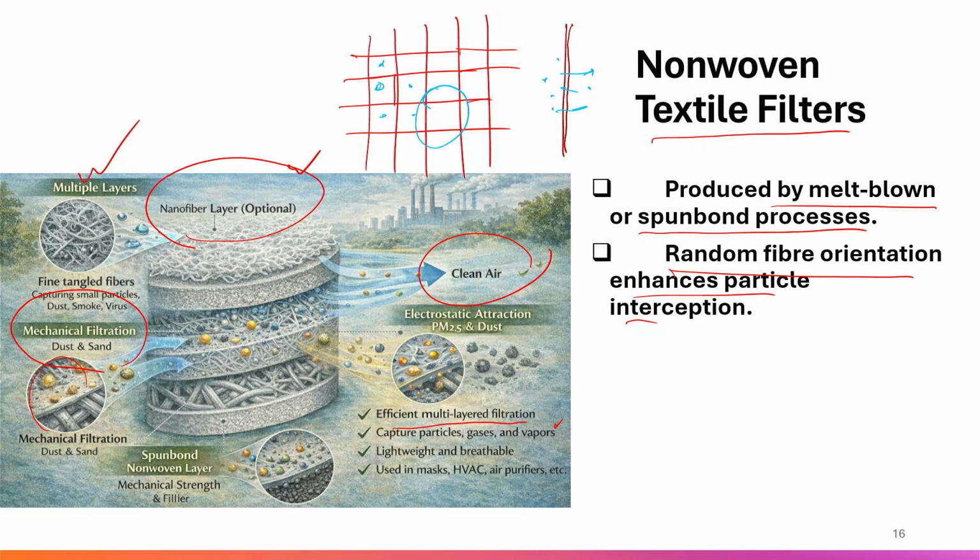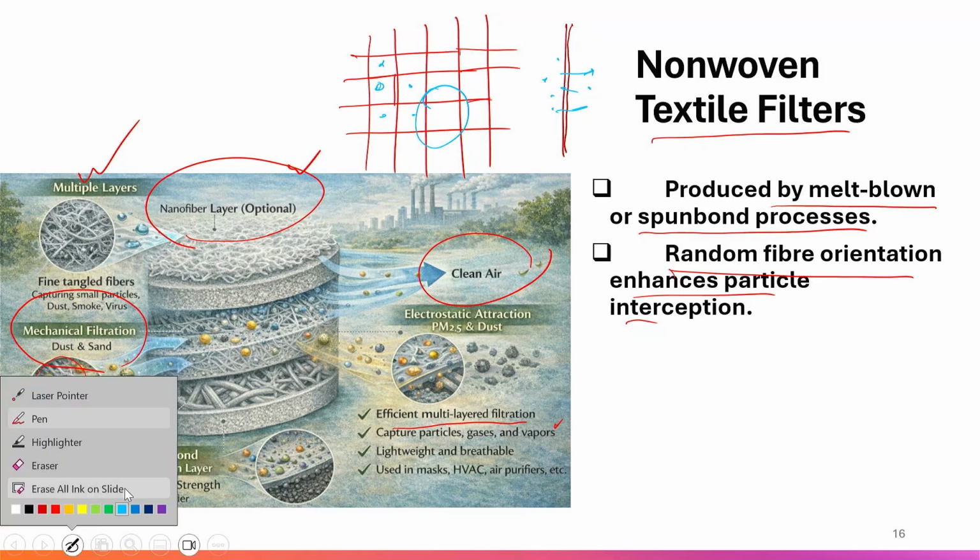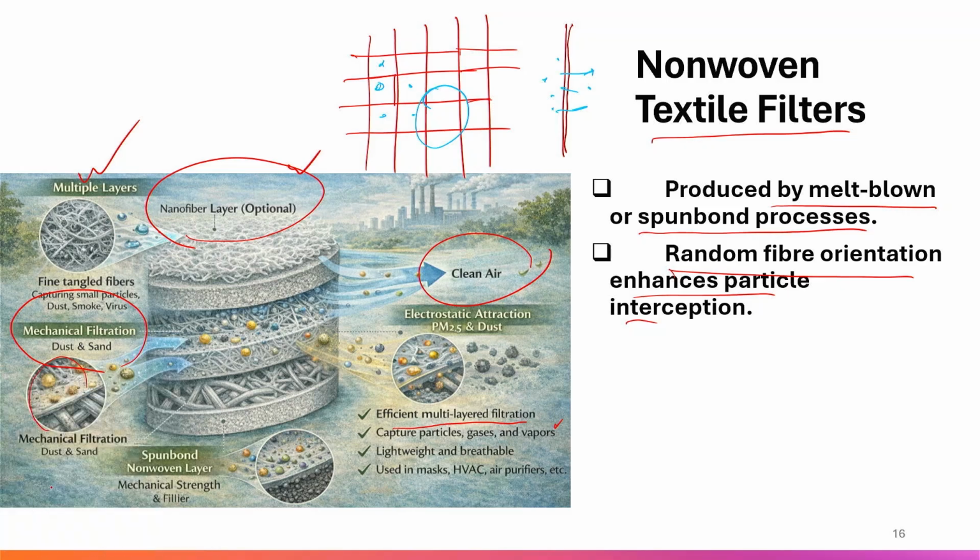But in the case of nonwoven, if we see the nonwoven structure, a random structure is there, and the thickness is also very high.